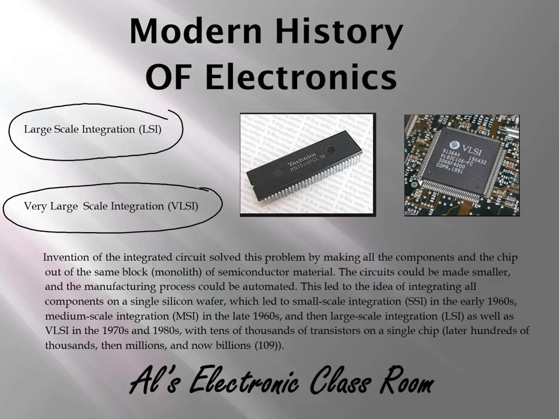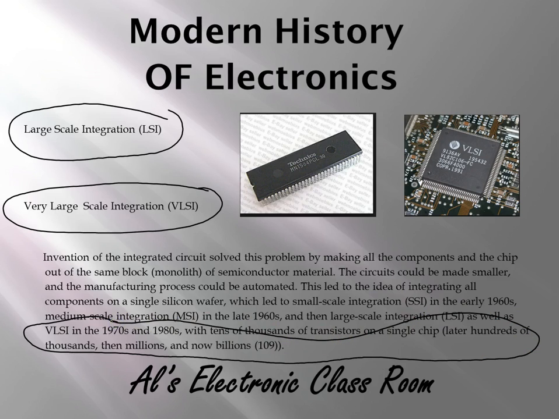For instance, if you look down here, it says LSI as well as VLSI in the 70s, 80s with tens of thousands of transistors on a single chip, later hundreds of thousands, then millions, and now billions. So zeroing in on this statement here, right now we have billions of components on a wafer.